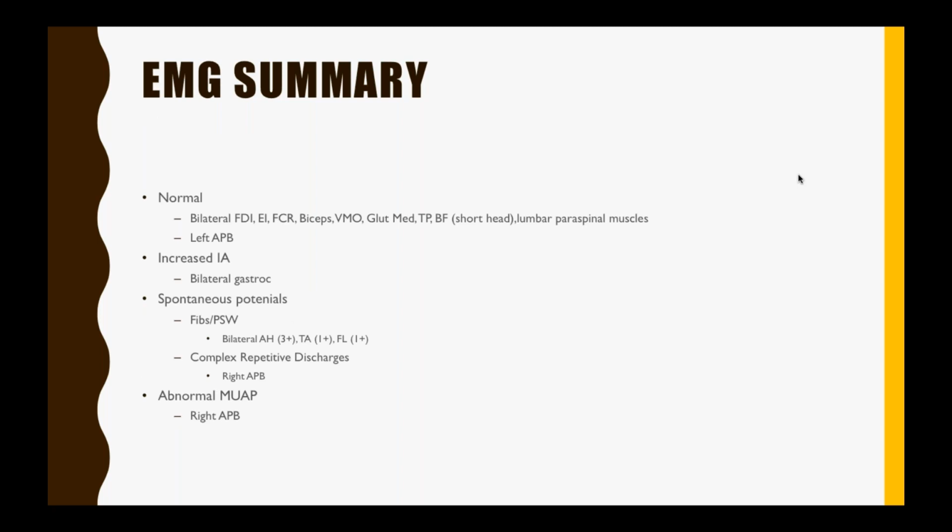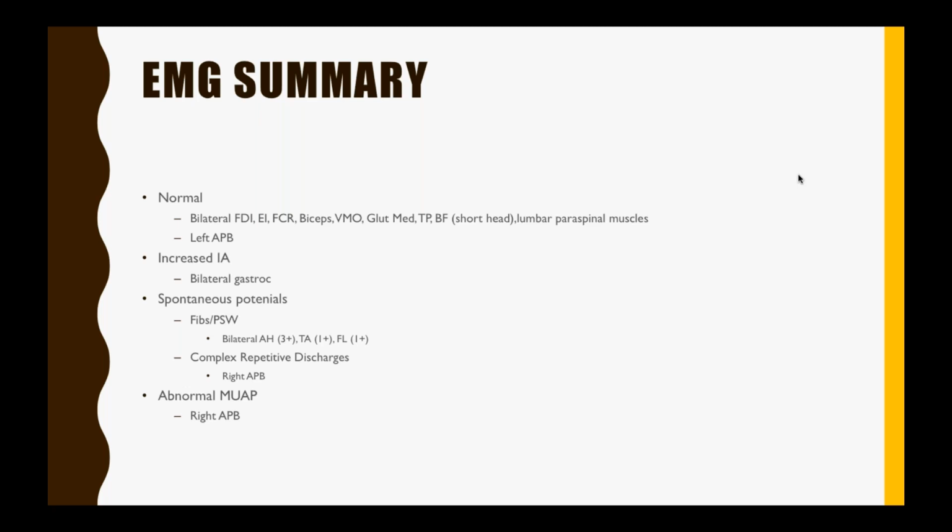The EMG summary: the data table was too big, so I just put a summary up here. Many of the muscles were normal, but she had increased insertional activity in the gastroc, and she had markedly positive spontaneous potentials in muscles innervated by the peroneal or fibular nerve distal to the knee.